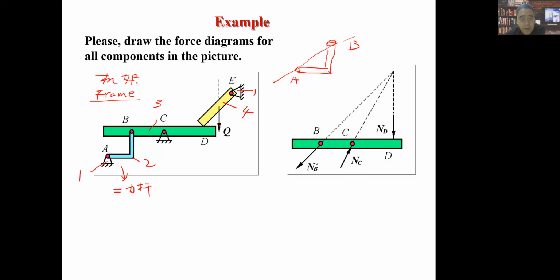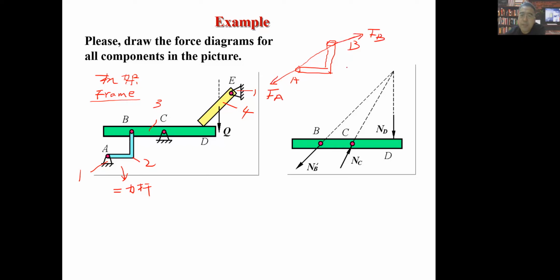Because actually we have an active force Q here. Actually, this will try to let this horizontal rod rotate around point C. So it may be this green body will pull this L shape AB at point B. So it will be like this: 两端受拉, FB and FA.